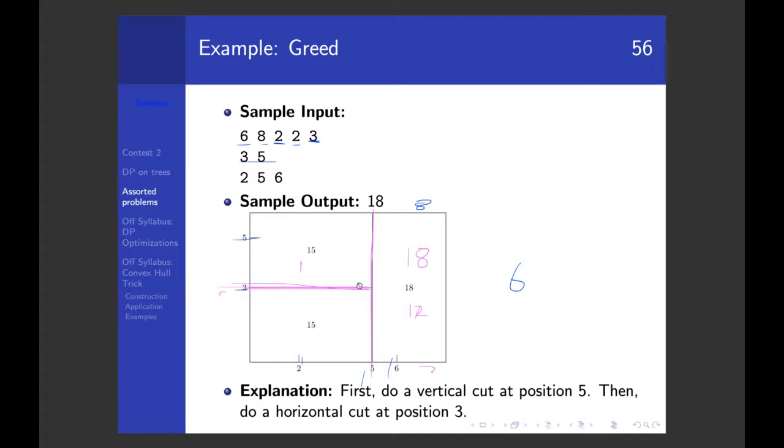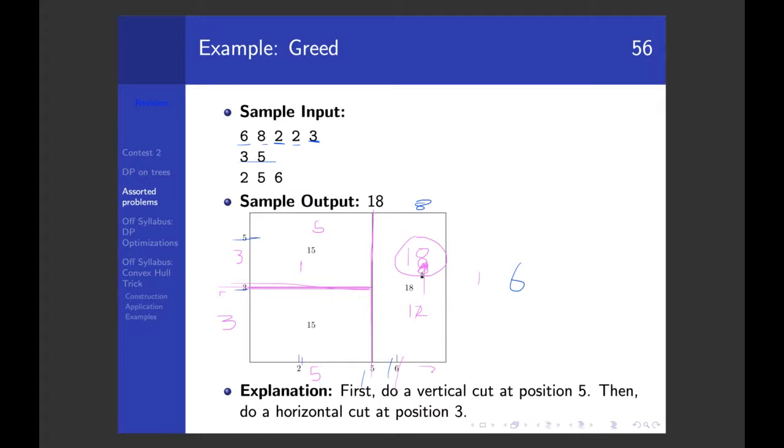This slice is 15, so this is 6 by 3. Sorry, 6 by 3. This slice has area 15, 3 by 5. And this slice has area 3 by 5, 15. The maximum slice has area 18. And this is the minimum possible maximum. That's the answer, 18.